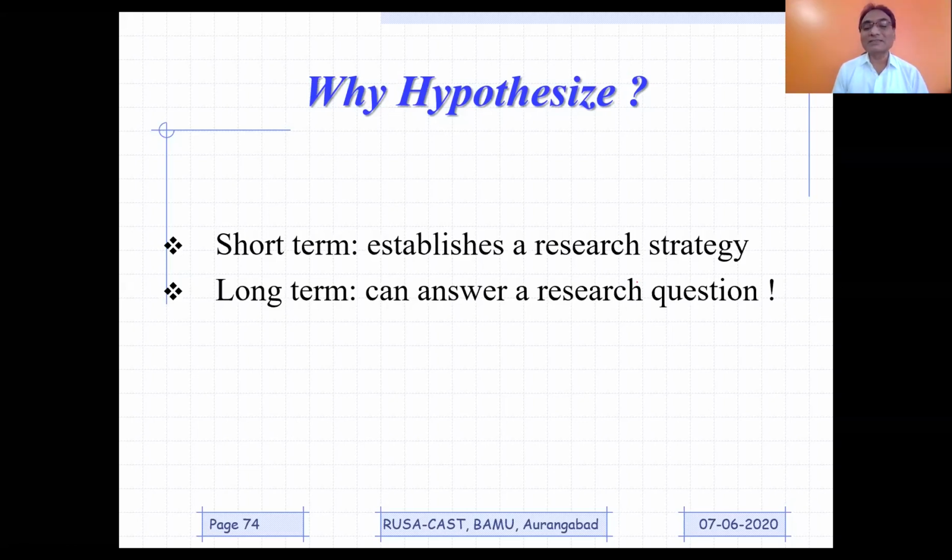You generated this question through the literature review, and this hypothesis is going to provide you the answer to your research question. This is very, very important, because whenever you are drafting a question, you need a strategy to get the answer. If you are not able to get an answer to your research question, then you will be in trouble.